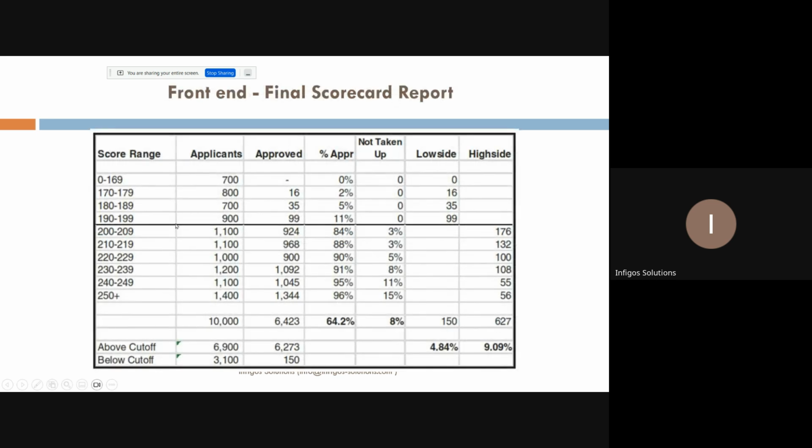For instance, this is lower side, this is higher side. On the lower side, these are approved. On the higher side, these are rejected. So lower side, we are accepting 4.84. On high side, we are rejecting 9.8909.